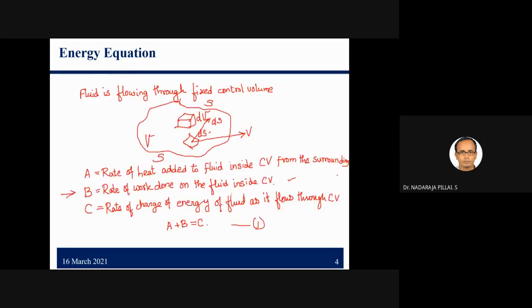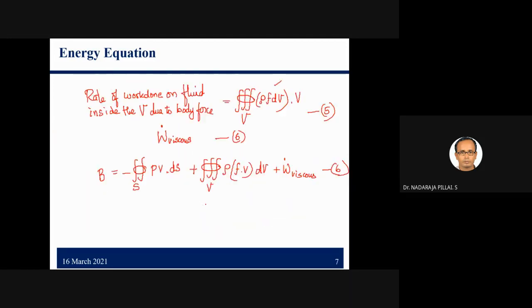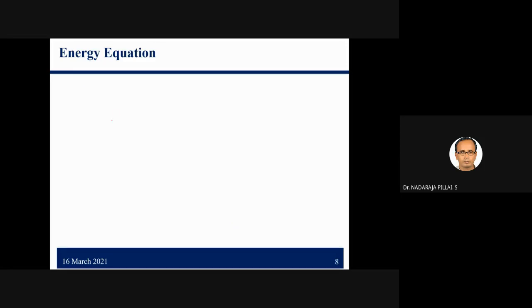Now we know these two components, A and B. Now we need to calculate C. So let us write C. What is C? C is the change in internal energy, right?